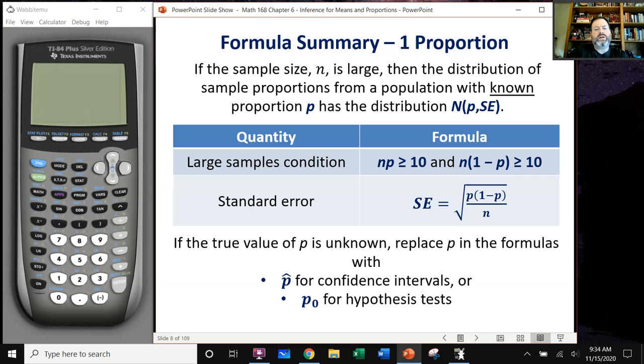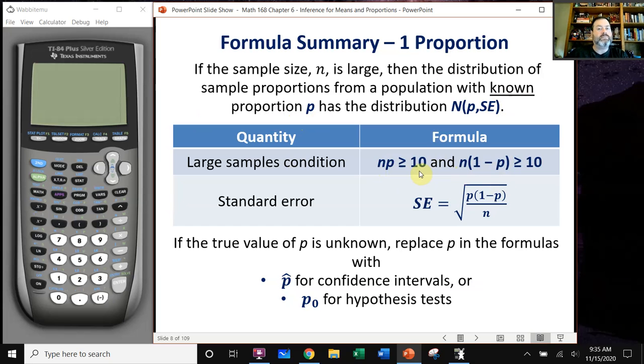So the first thing we're going to look at is the large samples condition. What does it mean for a sample to be large? Well, it turns out that the samples don't have to be very large at all. In fact, you just take the sample size times the known population proportion. Again, we're assuming it's known for this calculation. You just do n times p and get 10.